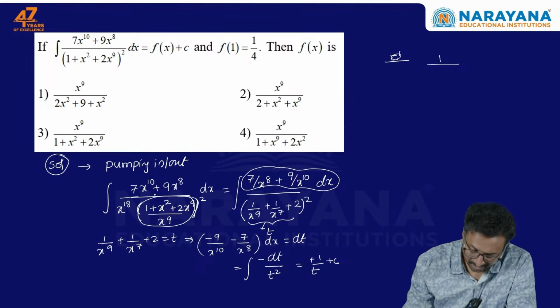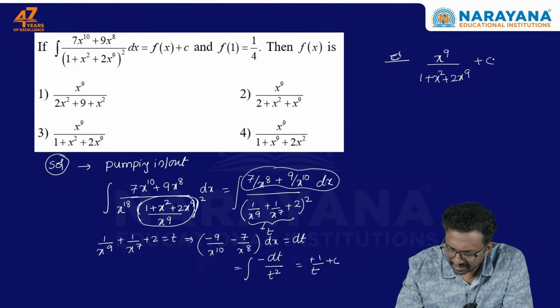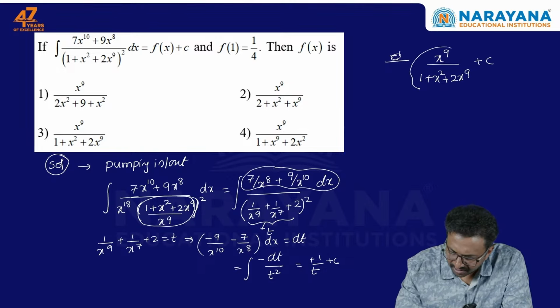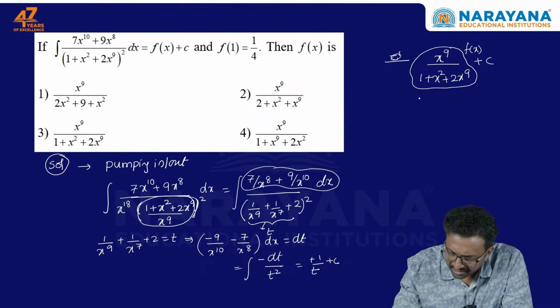So in the LCM form, x power 9 divided by 1 plus x square plus 2x power 9 plus c. So this looks like f of x plus c, but what they have given is f of 1 is equal to 1 by 4.